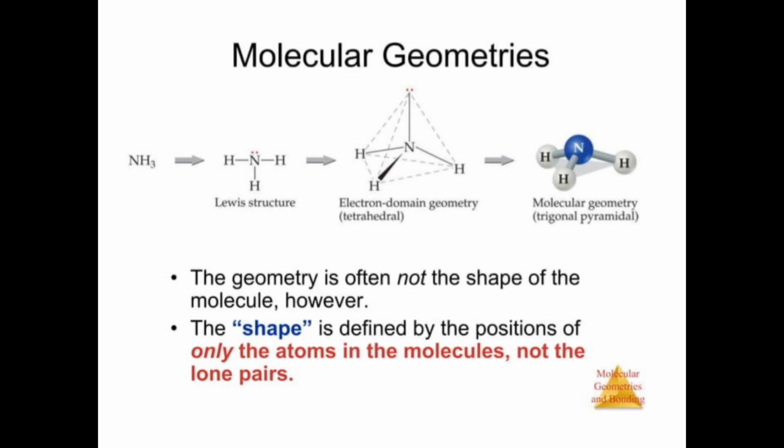While the geometry of this ammonia will be tetrahedral, because it's considering both the atoms and the lone pair. So again, we are putting it as electron geometry and molecular geometry. The electron geometry is tetrahedral, while the molecular geometry is trigonal pyramidal.